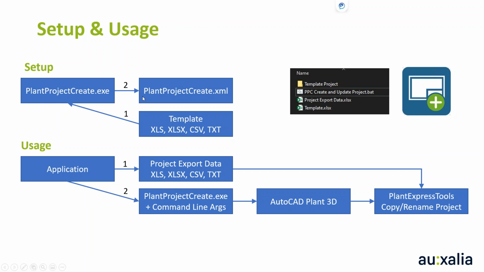And we will go through that process. It's actually very quick. And once you are done, you can create multiple settings or configurations. Let's say you have different customers and they all use a different project template, or they have different properties. You can have multiple configurations through PlantProjectCreate, and all these configurations will be stored in an XML file.